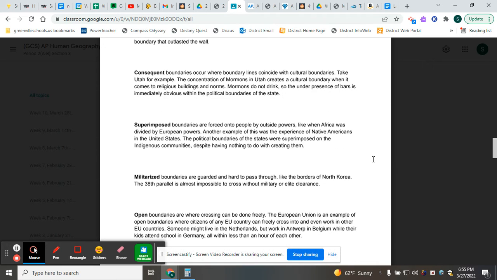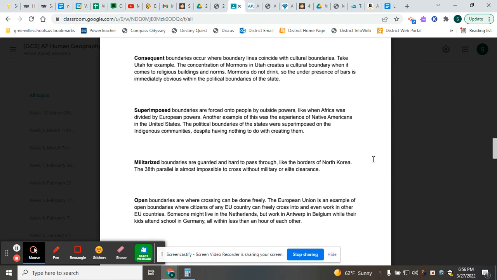It means the lack of bars. Okay, you go into parts of Utah and you notice immediately, hey, there aren't any places to grab a drink. All right. Well, again, that's a surefire sign that you are in quote unquote Mormon territory.